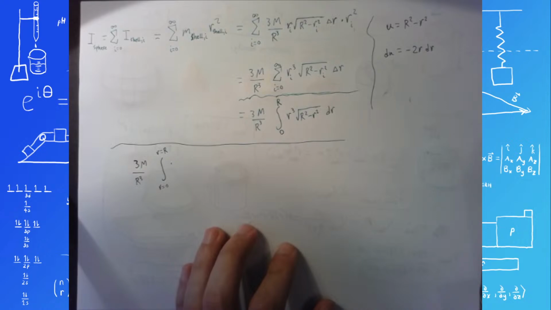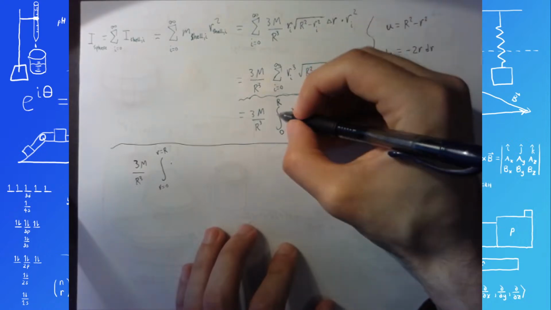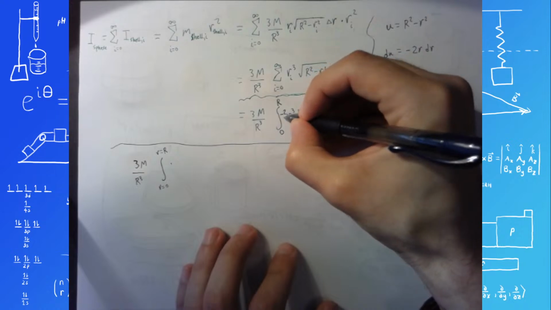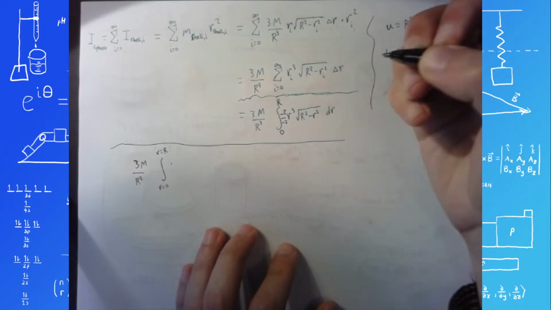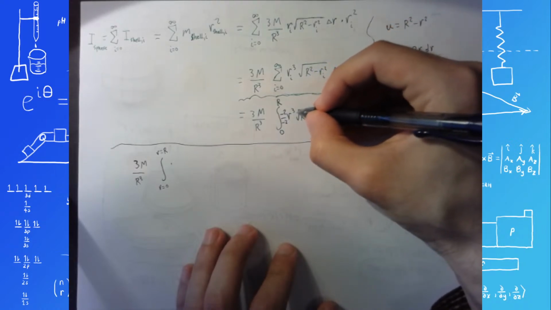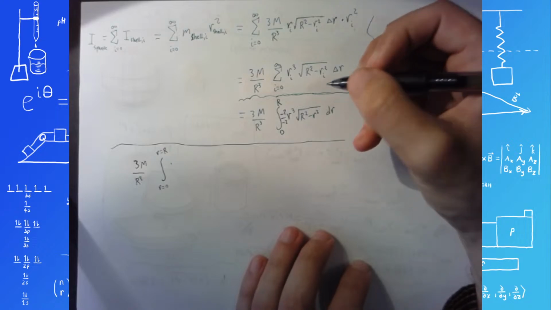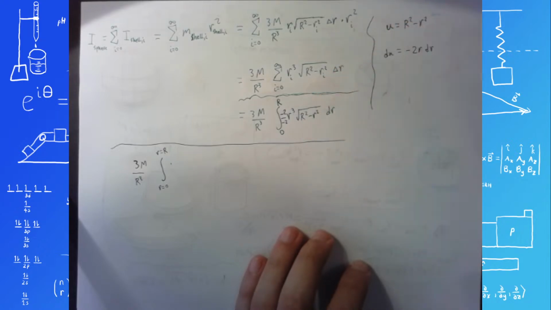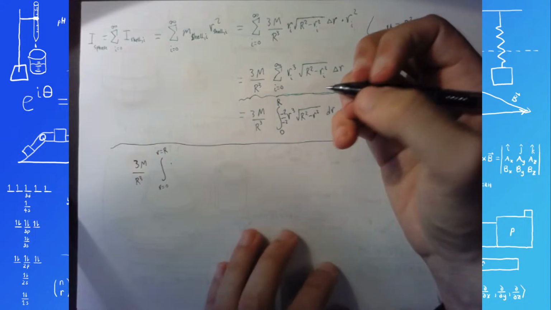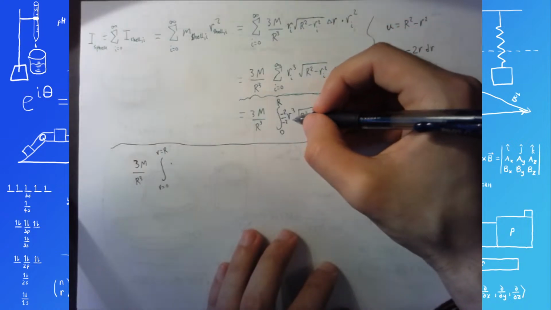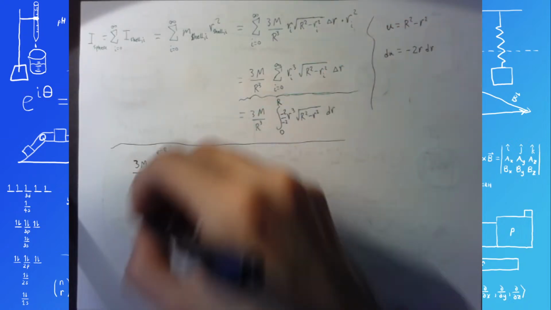so if I want a negative 2r dr, I'm going to multiply by negative 2 over negative 2. And I'm going to take one of the r's from r cubed, leaving behind r squared. So negative 2r dr becomes du, and I'm left with 1 over negative 2, negative 1/2.